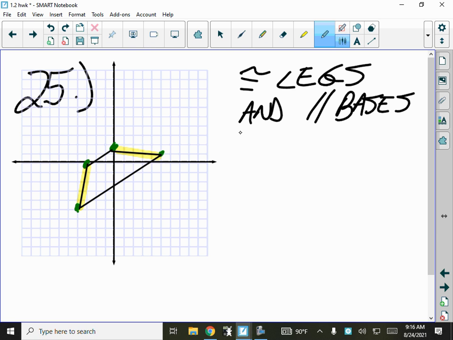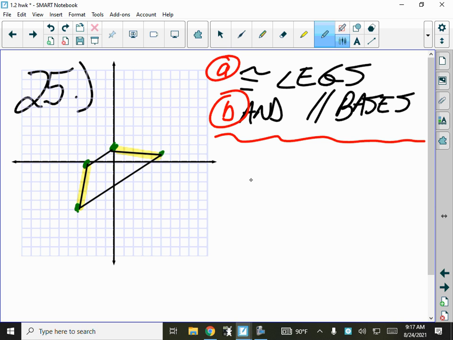How am I going to prove that those legs are congruent? Nope. I want to do this part first. I want to do part A first, and then I'm going to do part B second. So how do I show that those two legs are congruent? Distance formula.